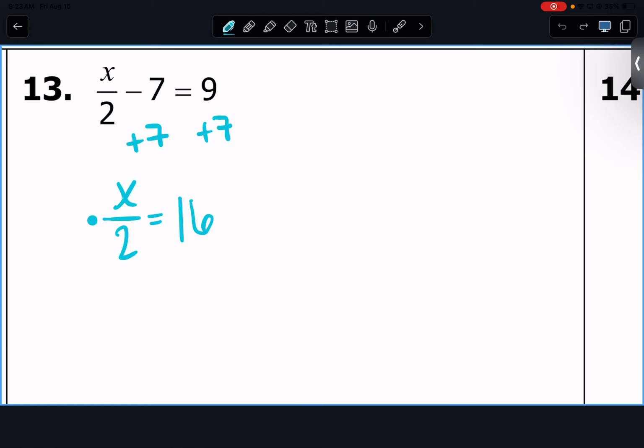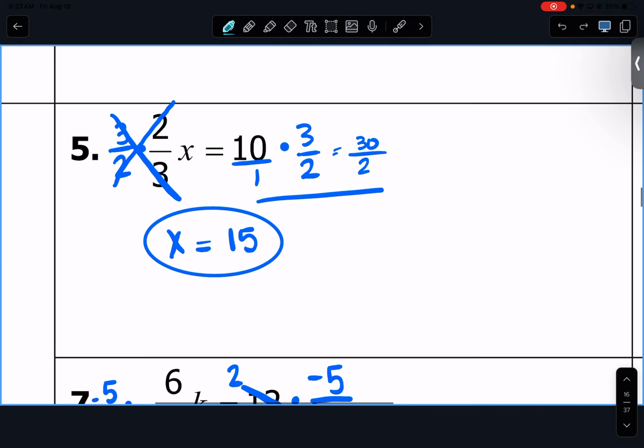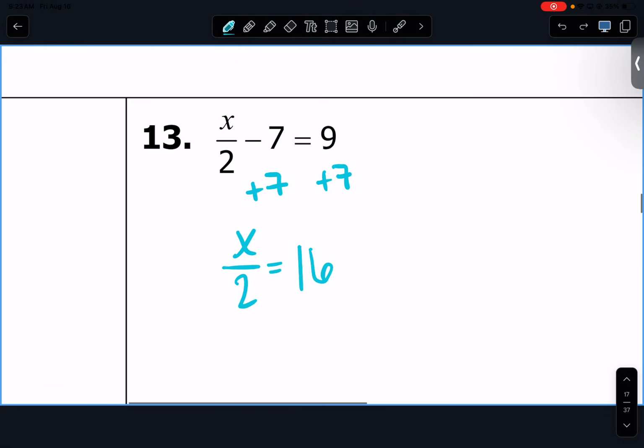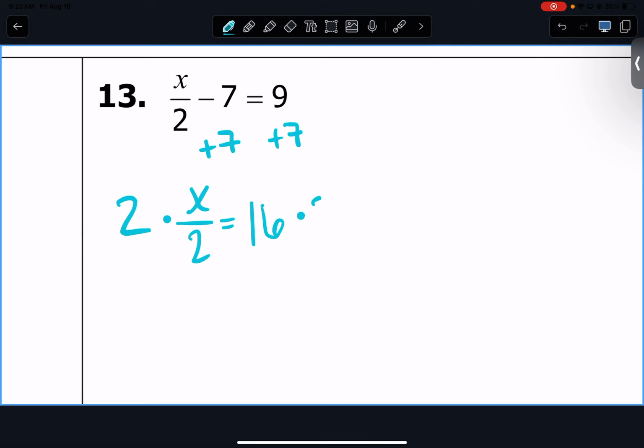This one is different than the ones with the full fractions, right? Because this doesn't have a full fraction. What's the only thing in this numerator over here? Just x, right? So do I need to move the x? No, I don't. It needs to stay where it's at. So how can I move just the denominator? Multiply by 2. So we multiply both sides by 2. Those cancel and we just get left with x equals 32 as our answer.